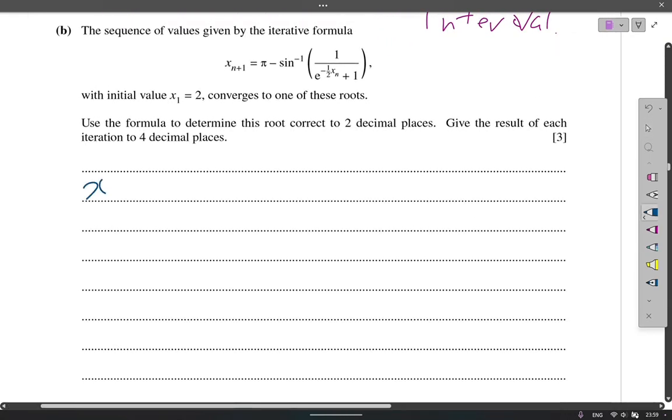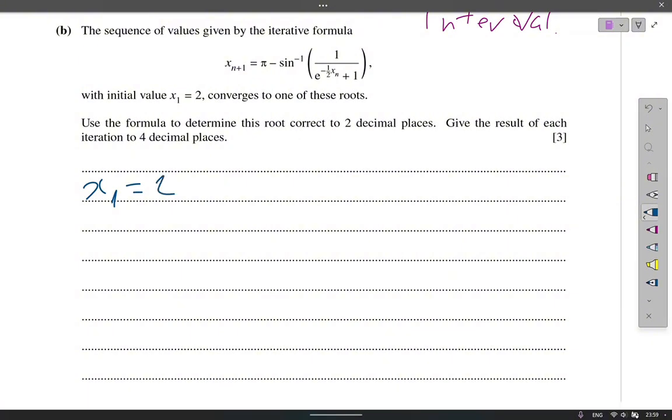Okay, so in the first iteration, x1 is equal to just 2.0000. In the second iteration, we can substitute this in here, which gives 2.3217.